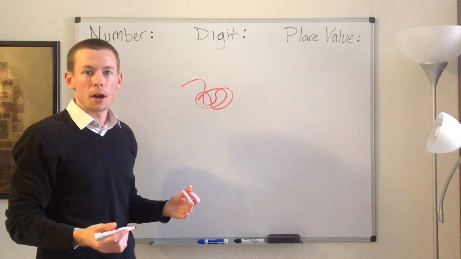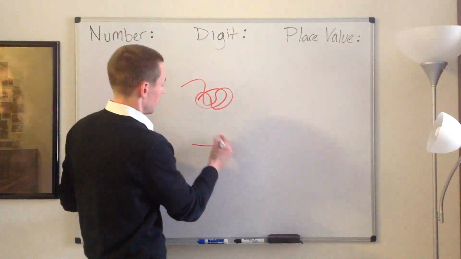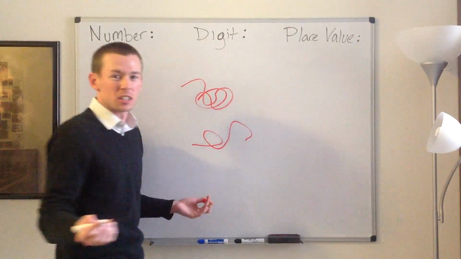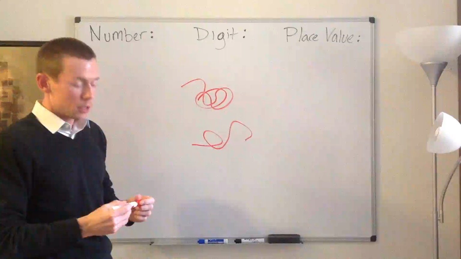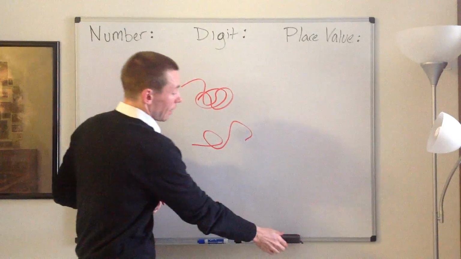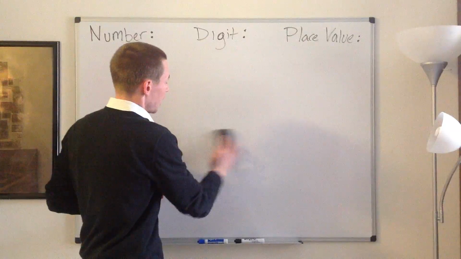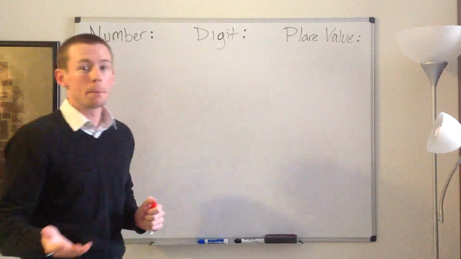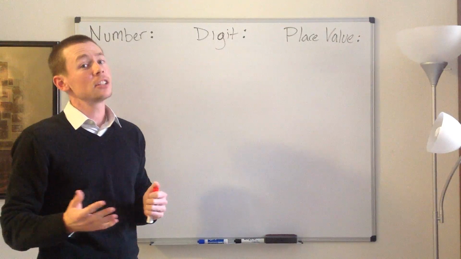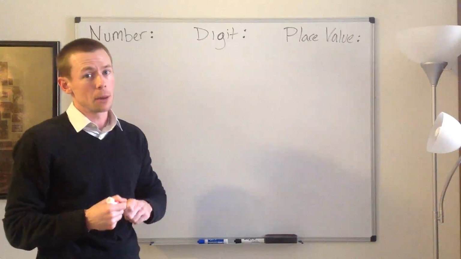And it's not like for the number 24 there's a special symbol. We use a 2 and a 4. So we have an infinite number of numbers, but we only have 10 symbols to make up those numbers.